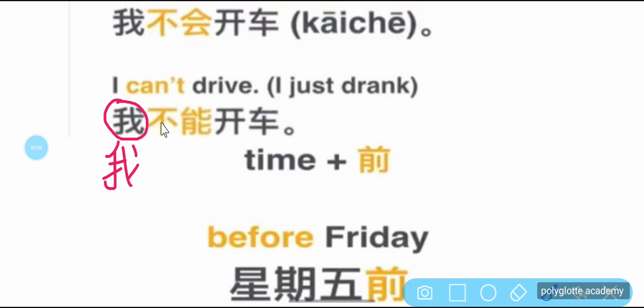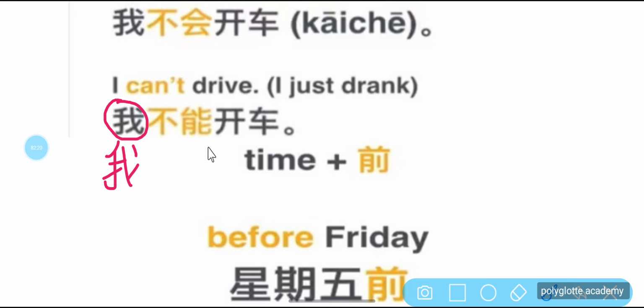But when you make Chinese characters your friend, you will be able to grasp the simplicity of Chinese characters. We explained in the previous video that Chinese characters are pictographic.